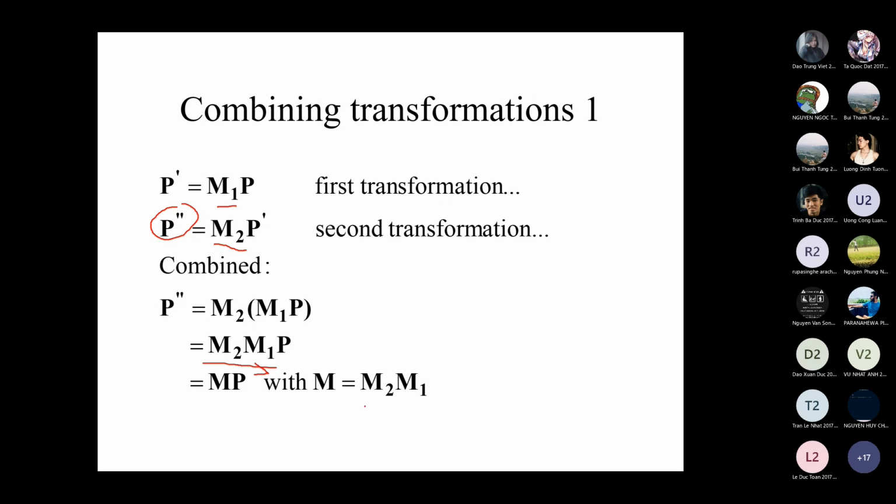The order of the matrices must be fixed, because in matrix multiplication we cannot change the positions of the matrices. Changing the positions may lead to a different result.